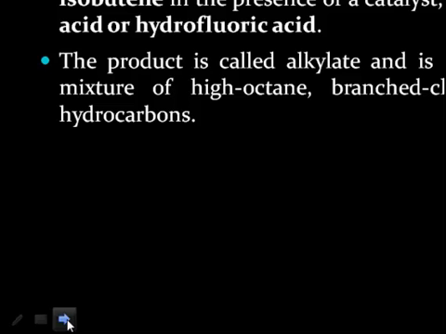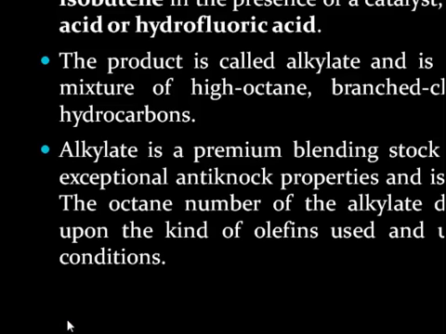The product is called alkylate and is composed of a mixture of high octane branched paraffinic hydrocarbons. Alkylate is a premium blending stock because it has exceptional anti-knock characteristics and it is clean burning. The octane number of the alkylate depends mainly upon the kind of olefins used and upon operating conditions.